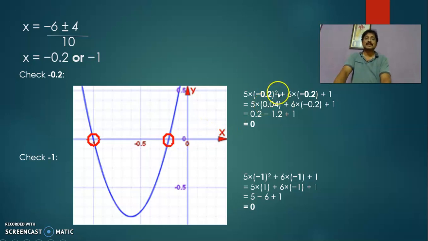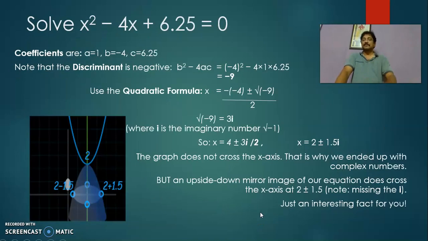By substituting the value minus 0.2 in the place of x, 5 of minus 0.2 whole square plus 6 of minus 0.2 plus 1, which is 0. And we will check another one, that is minus 1. 5 of minus 1 whole square plus 6 of minus 1 plus 1, that is 5 of 1 plus 6 of minus 1 plus 1, that is 5 minus 6 plus 1 equal to 0. Is it clear? You have to check the equation.